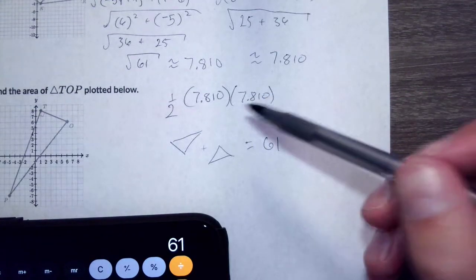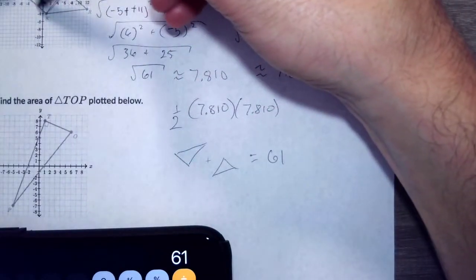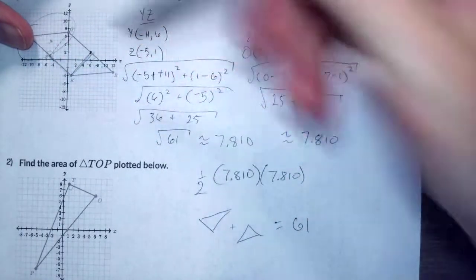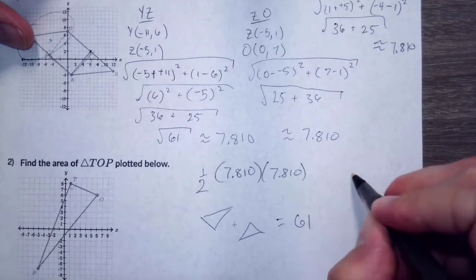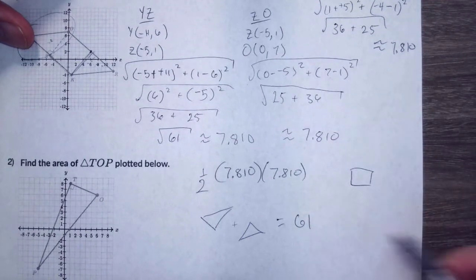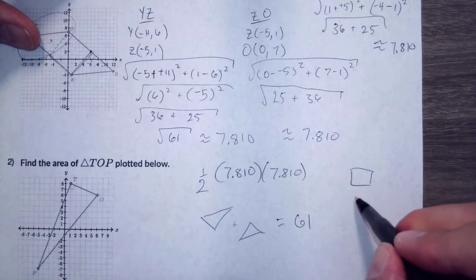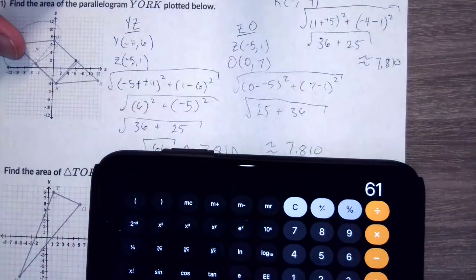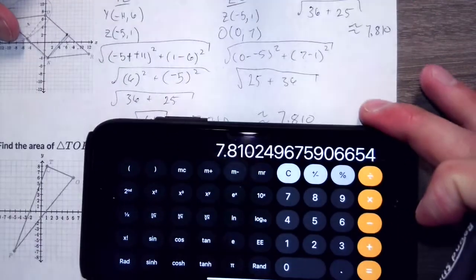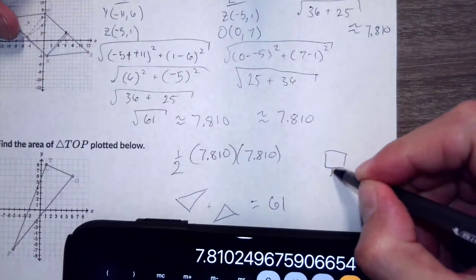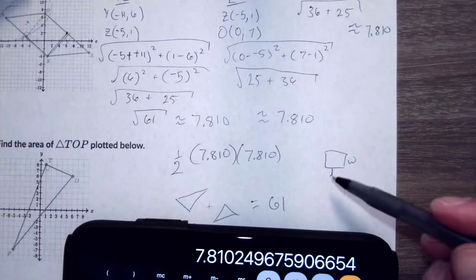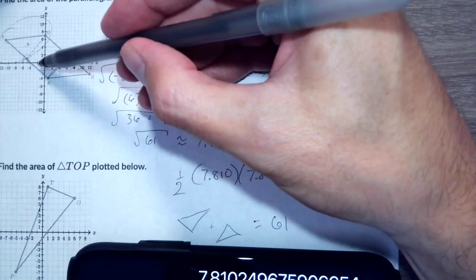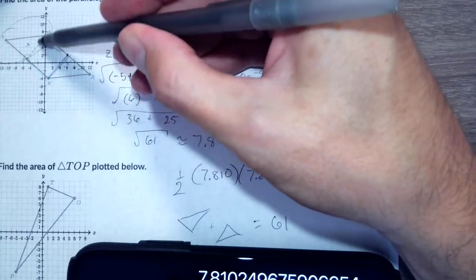And then once again, I had this length. It was the same. So now I'm finding the area of that square there. And that was going to be the 7.810, which was, again, the square root of 61. And it's just length times width. So this times itself, since those distances are the same.